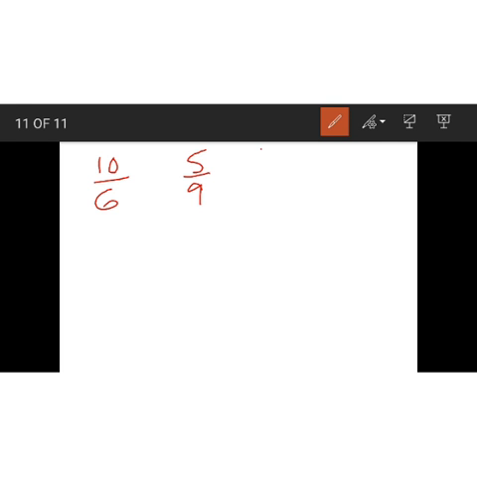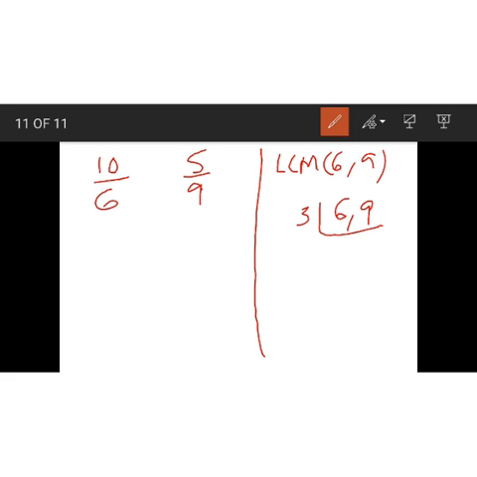So, we have to find the LCM of 6 and 9 using the short division method. Which is the common factor? It is 3. When we divide both these numbers by 3, we get 2 here and 3 here. 6 divided by 3 is 2, 9 divided by 3 is 3. Again, we have to move on.